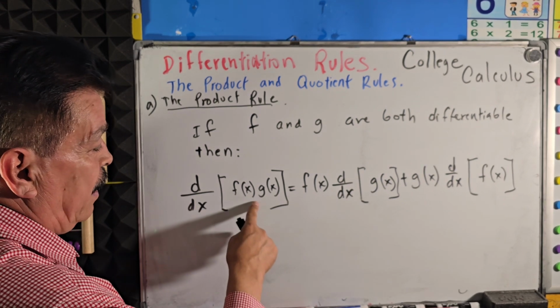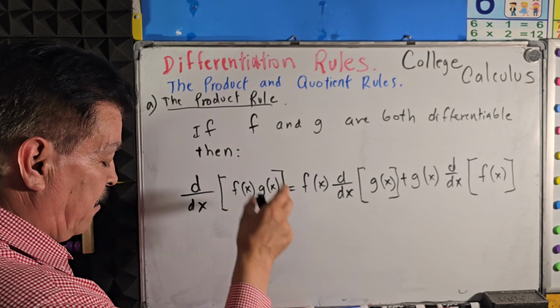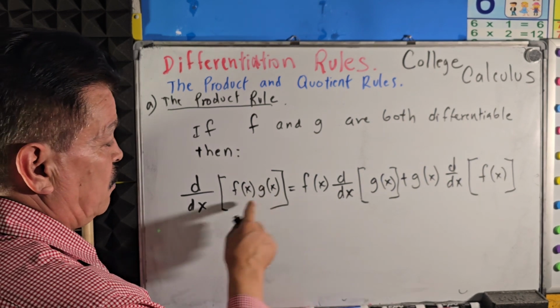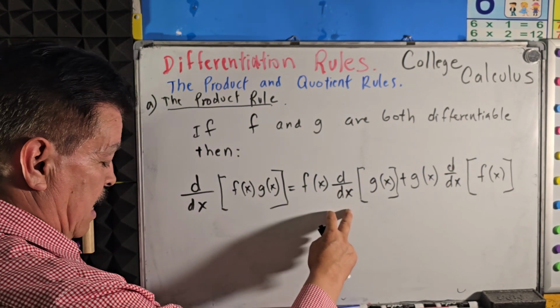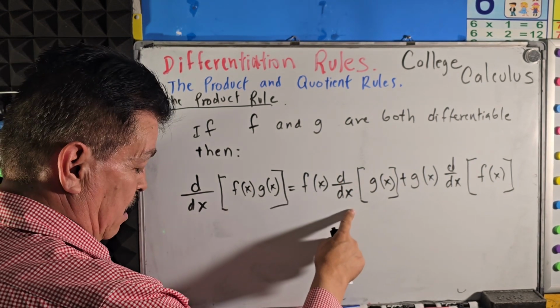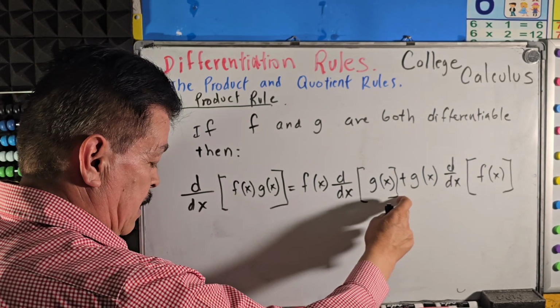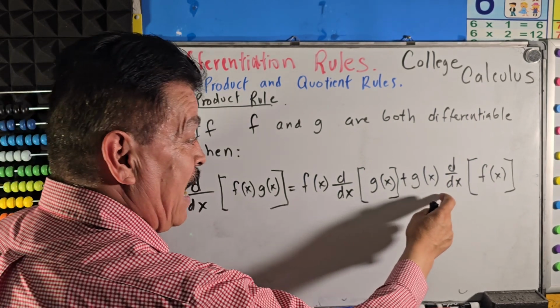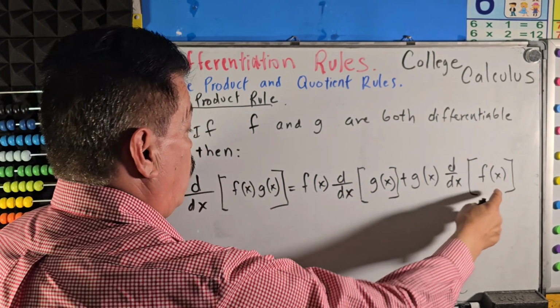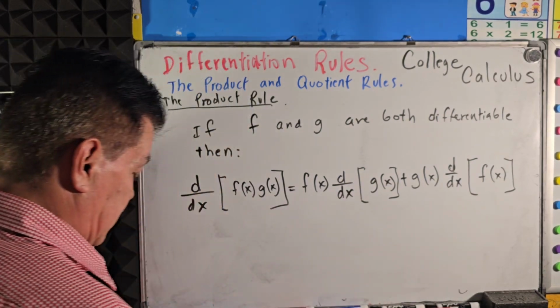We have f of x and g of x, the product of two functions. That is why I write it in this formula.